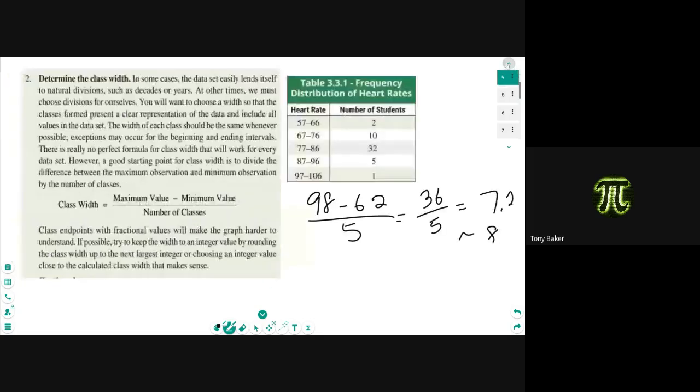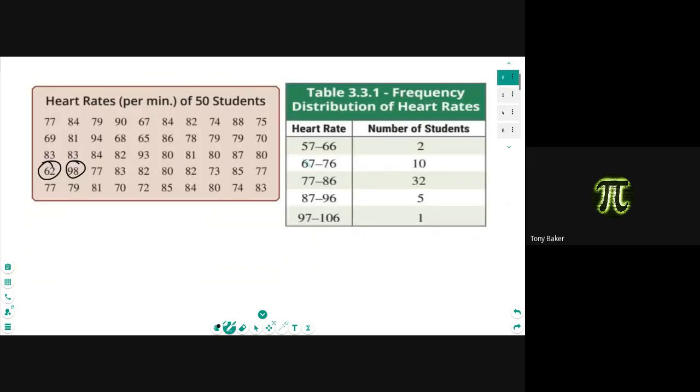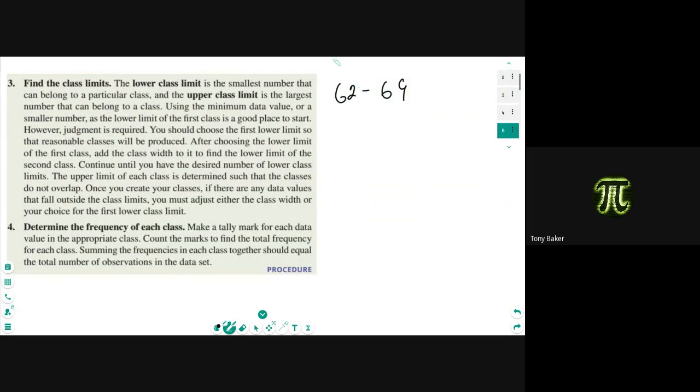And if you think about it, we said 57 to 66 was a class width of 10. But it's not 57 plus 10. This is one of the quick little mistakes that's really easy to make. When you're trying to find your lower class limit and your upper class limit, this would be my lower class limit, and this would be my upper class limit.